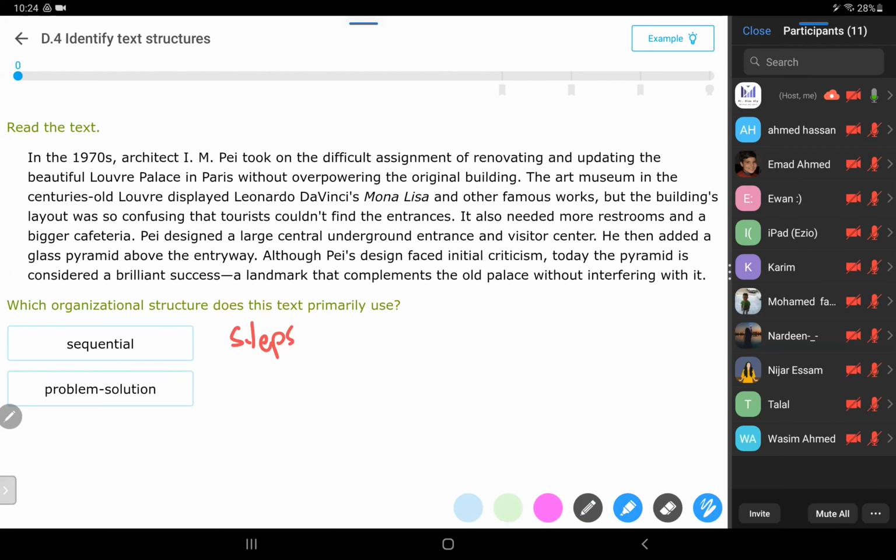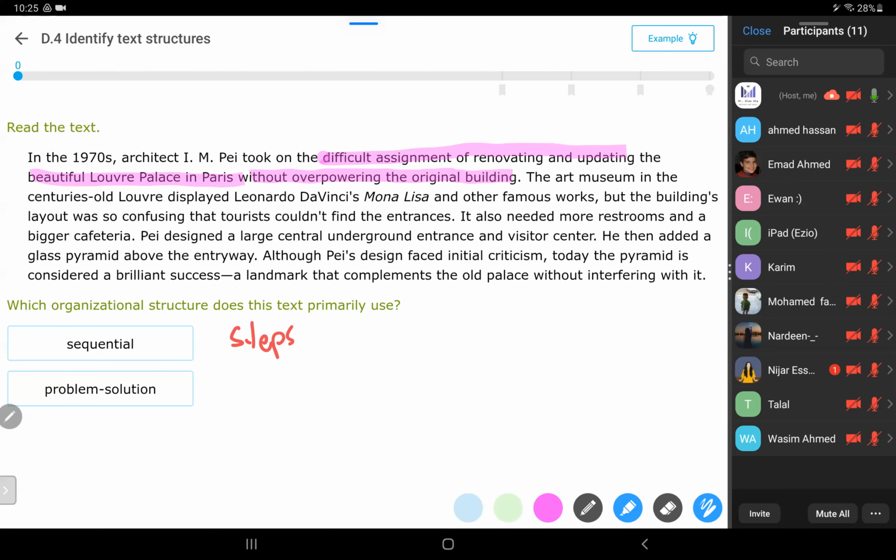In the 1970s, architect Pei took the difficult assignment of renovating and updating the beautiful Louvre Palace in Paris without overpowering the original building.